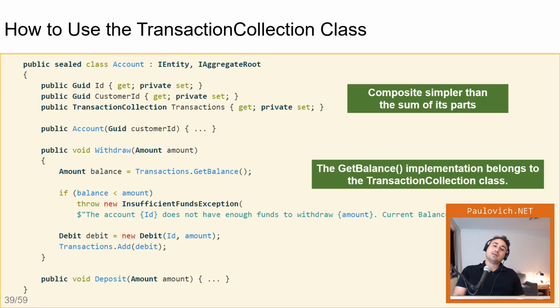Another thing you are going to notice in my GitHub projects is that I always use private setters for my entities. It is a basic rule of making my class simpler than the sum of its parts.